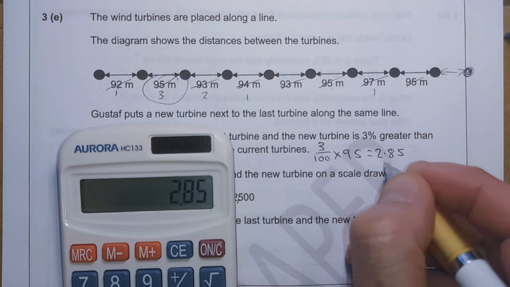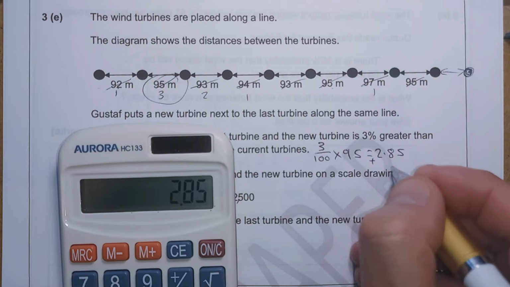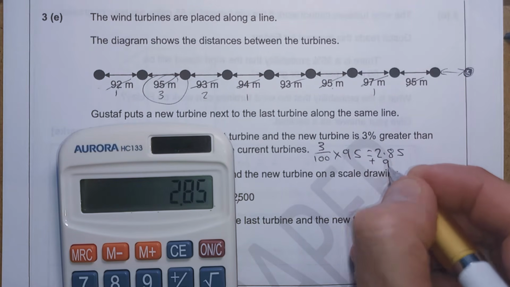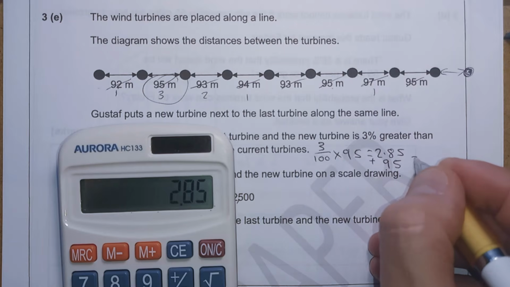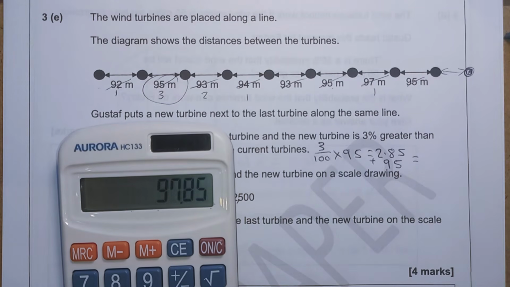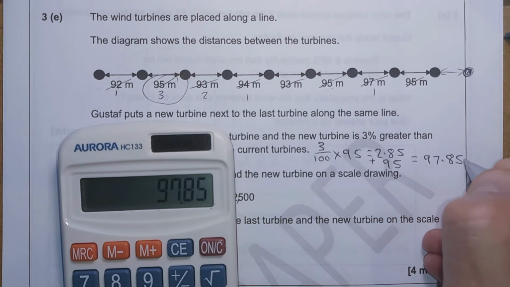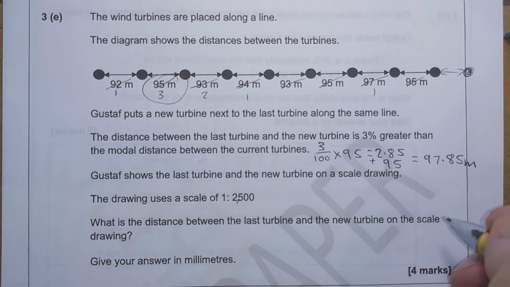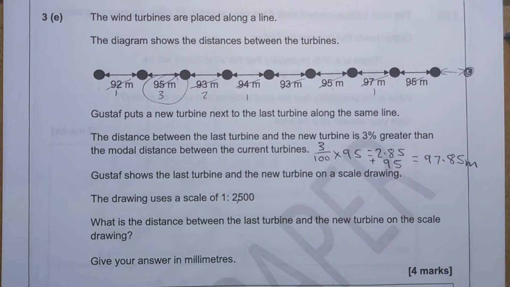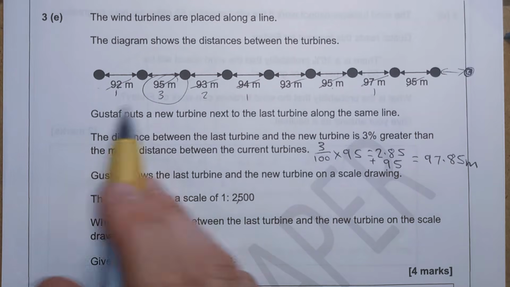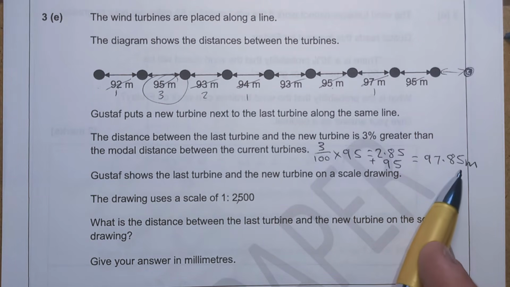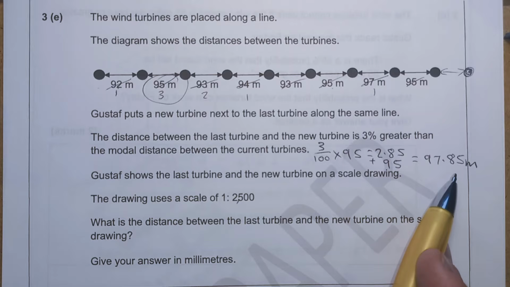Then we just want to add on the original distance, the 95, which gives us 97.85 metres. Okay, that's the actual distance. At this point you could round it maybe, because they've got all of theirs to round metres, but I don't need to. I'm going to leave it like that.